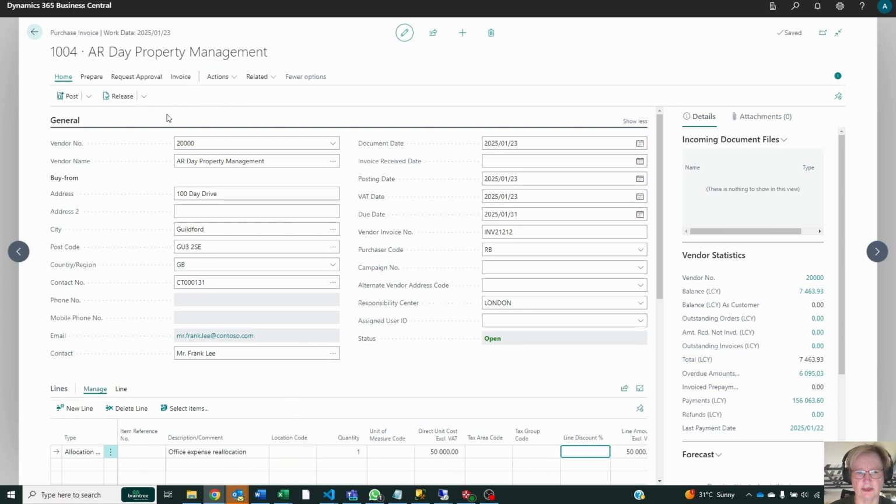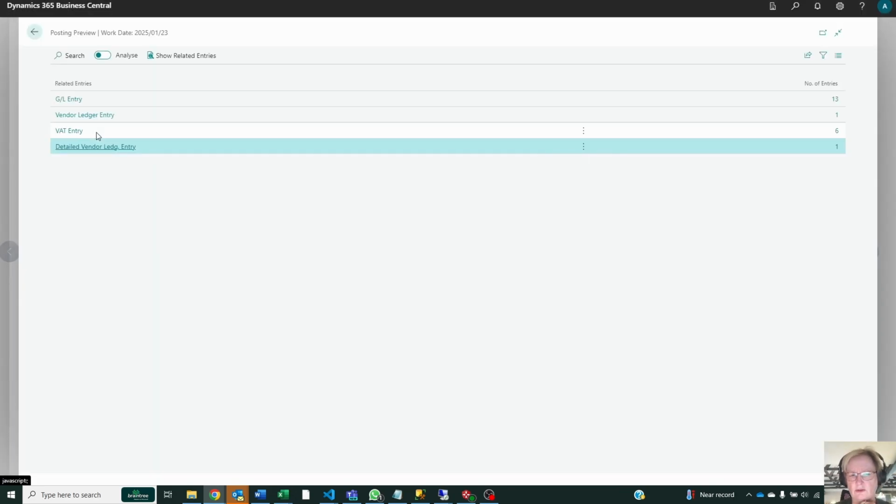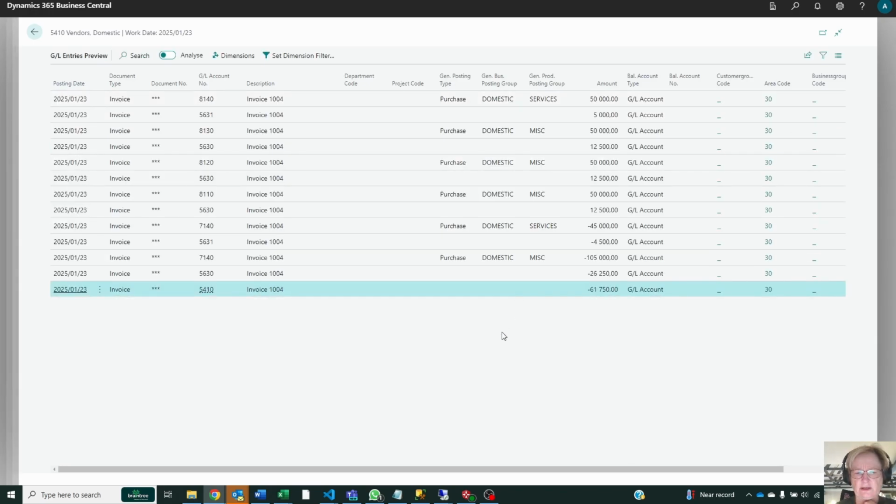Let's have a look at what happens when we preview it. So let's go to preview posting. It will take a second or two, and there is my posted document. If I drill into my GL entries, I should find that I don't just have a single line, I've got multiple lines. So I've got at the bottom here what I expect is my vendor control account, and then there's my 8140, there is my 8130, my 8120.